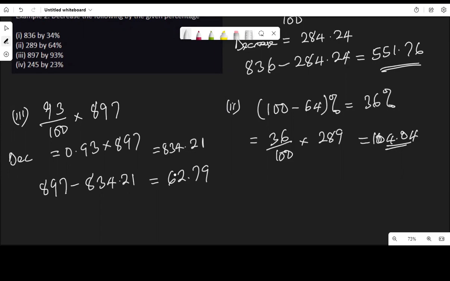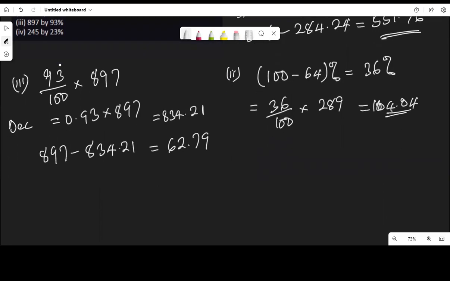Then the last one, we have to decrease 245 by 23%. Let's calculate 23% first. That is 23 over 100 times 245. I'm calculating the 23% of 245.